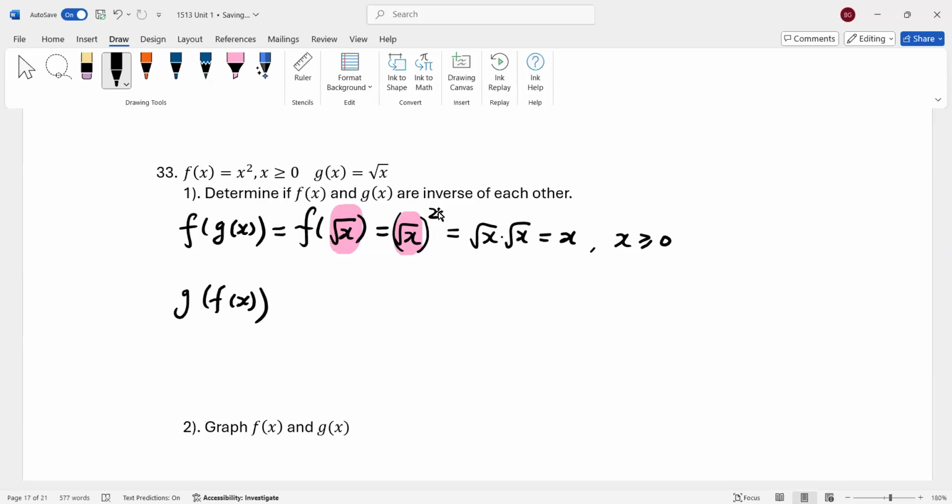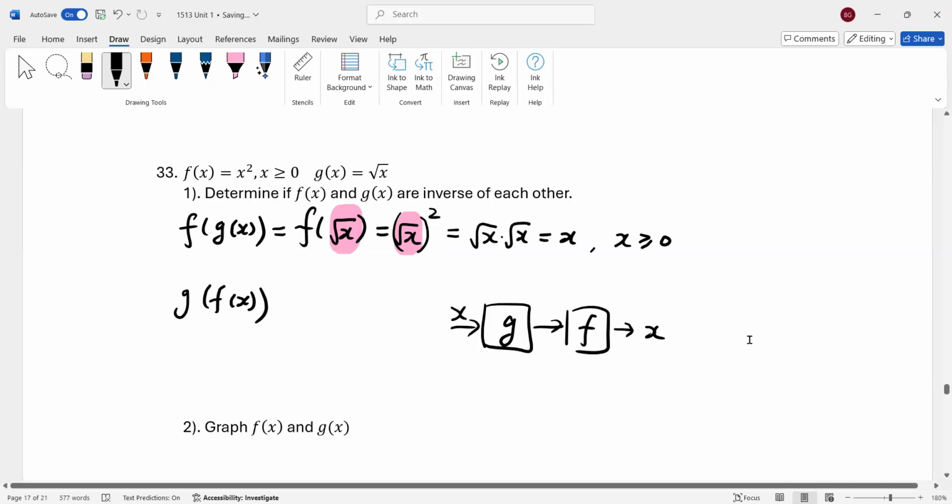So we have the first equation, f of g of x. This means g is the inside function, so machine g first. F is the outside function, so machine f after. When you give this line any input which is bigger than or equal to 0, the corresponding output is still x.